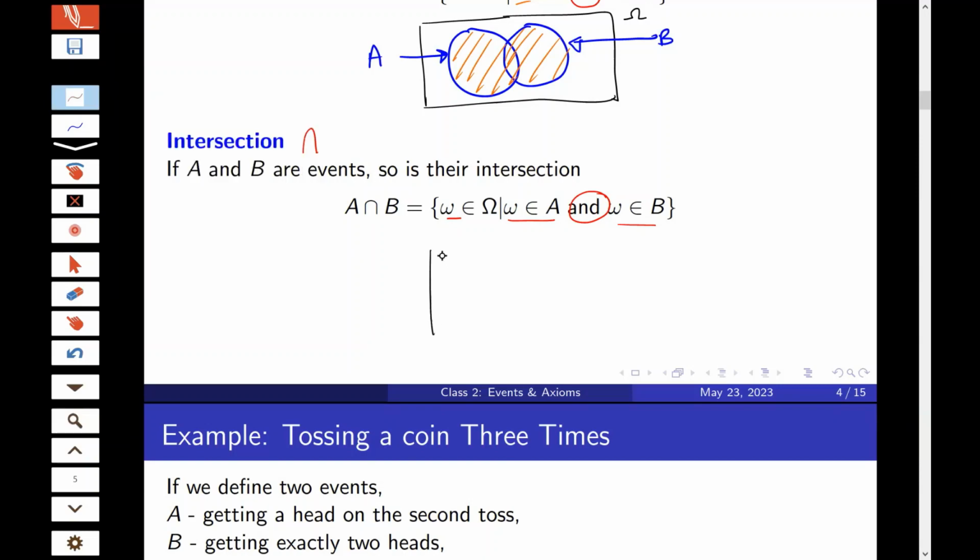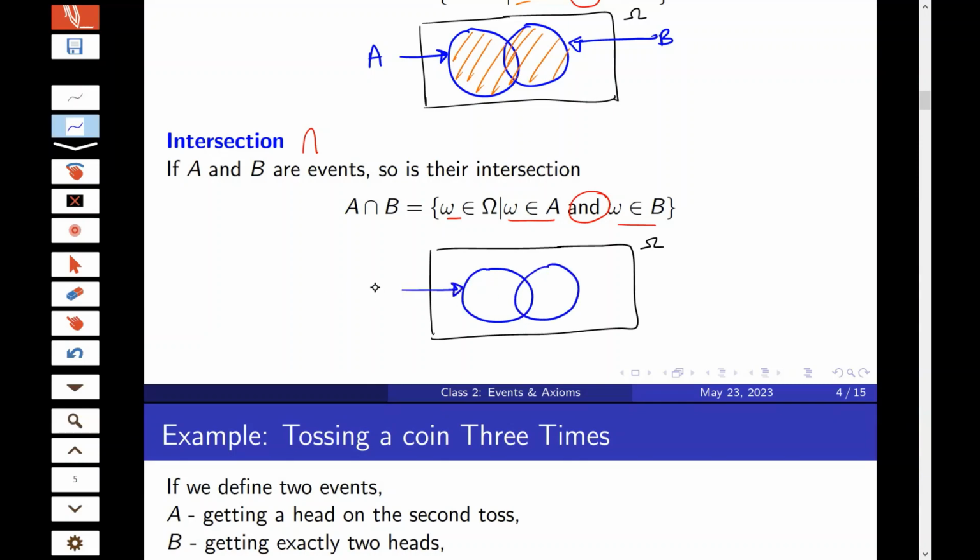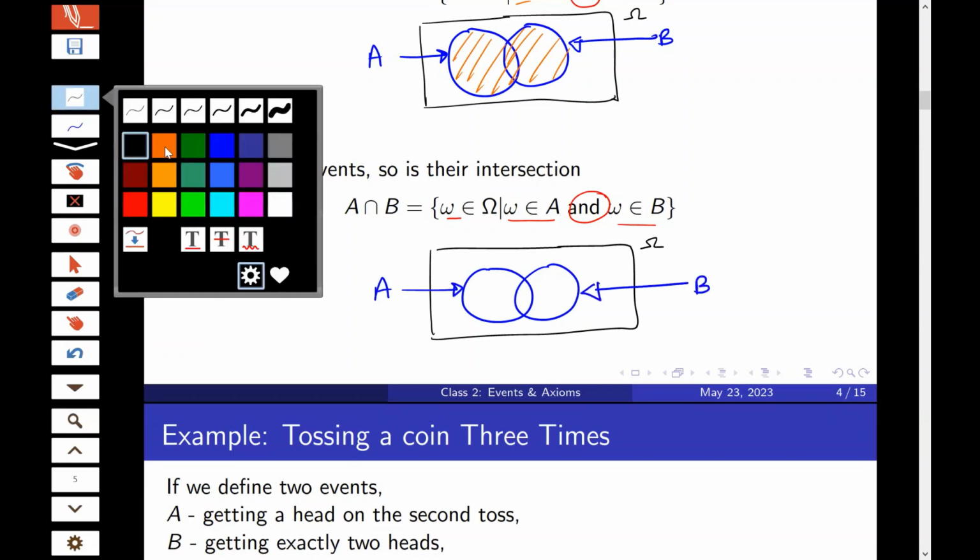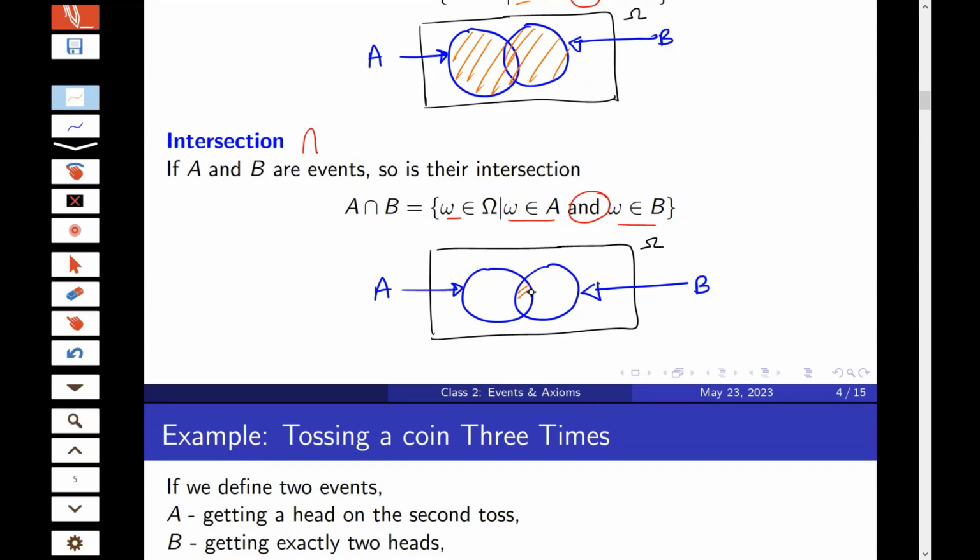So let's visualize this A intersection B. This is my omega, and this is my A and B. Now I'm going to shade the region for A intersection B. So this is the A intersection B common area, and this is A union B. Now let's discuss another example to understand these operations further.